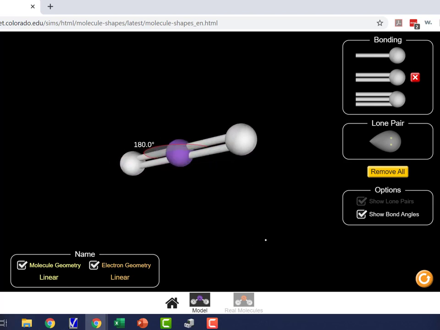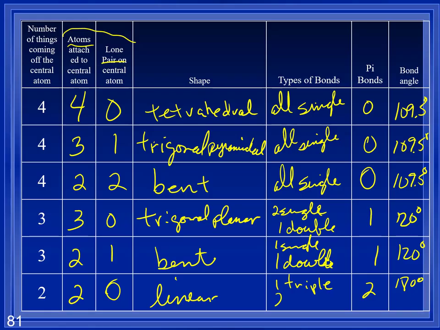Doesn't matter whether I use a single or two doubles, a triple or 2 doubles. Either way I do it, I'm going to make 2 pi bonds. 1 pi bond to keep it flat, 1 pi bond to keep it going from right and left. If you can't go up and down, you can't go left and right, you can only go straight ahead. That makes a line. Make sense?